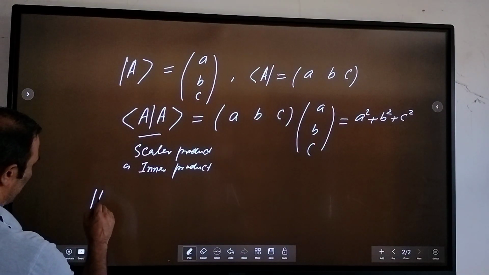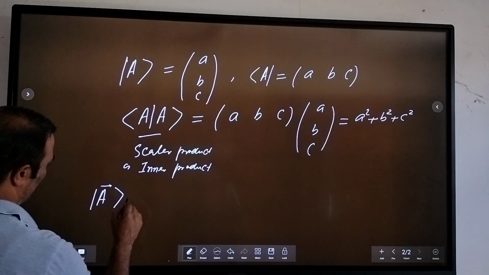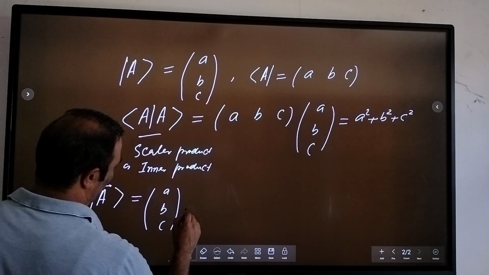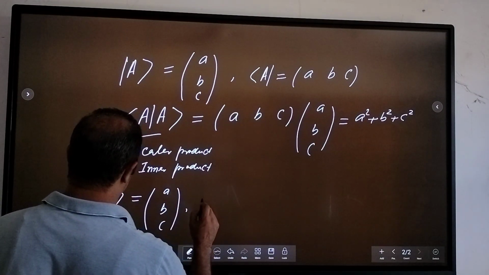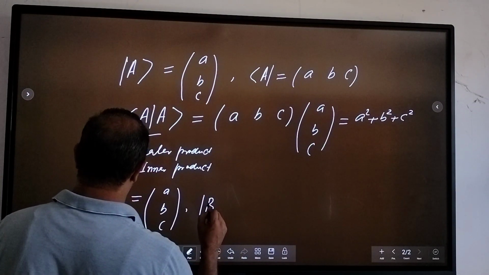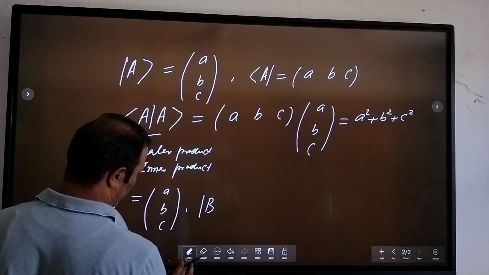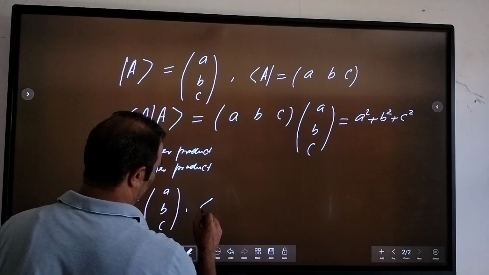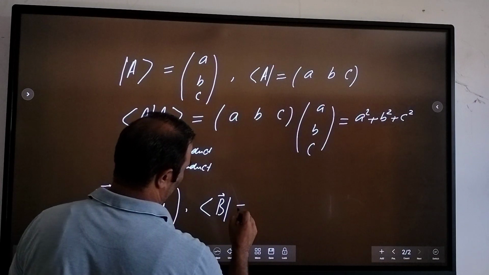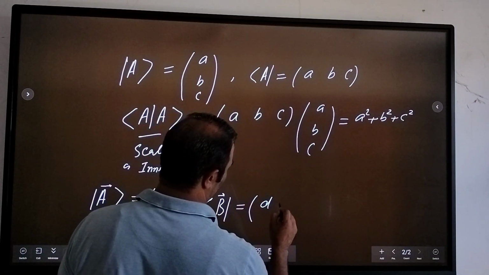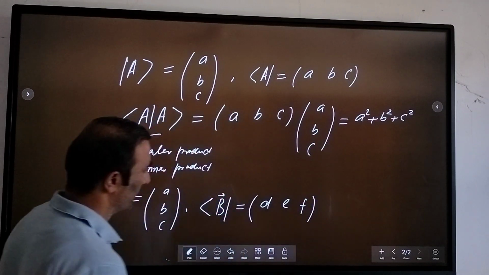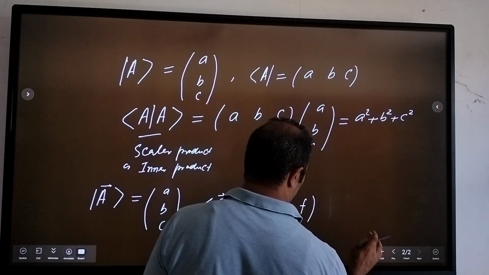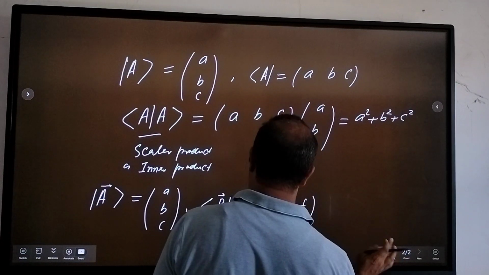Suppose I have this vector A, so that's equal to, and I will define now another vector, which I can define as B. Now, if I define the product in this way, let me write here.